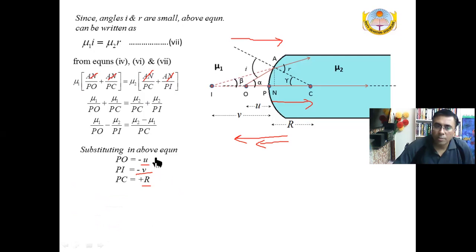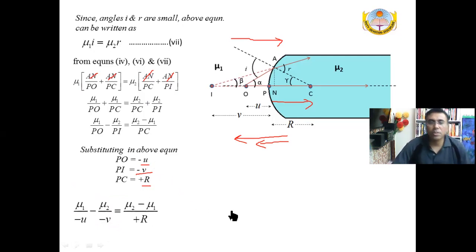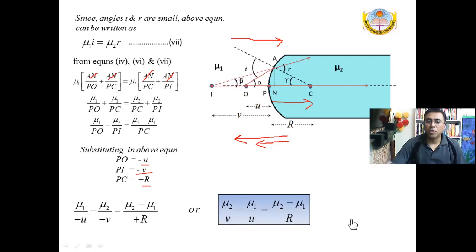So when I substitute the values of U, V, and R along with the sign convention, the expression becomes mu1 upon minus U minus mu2 upon minus V equals mu2 minus mu1 upon plus R. Or this expression becomes mu2 upon V minus mu1 upon U equals mu2 minus mu1 upon R. Now, if you see the final result, it is exactly the same for the virtual image as well as for the real image.